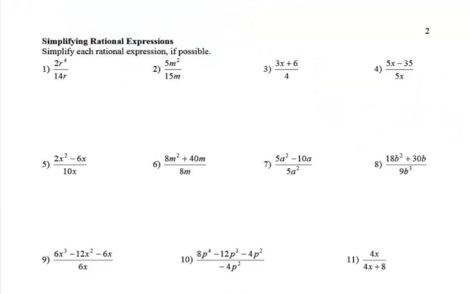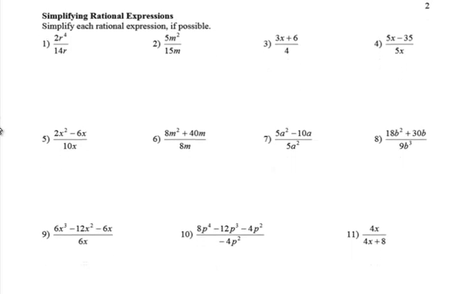Now, in addition to identifying excluded values, we also want to be able to simplify each rational expression if possible. And as we look at this, we want to think separately about our numbers versus our variables.